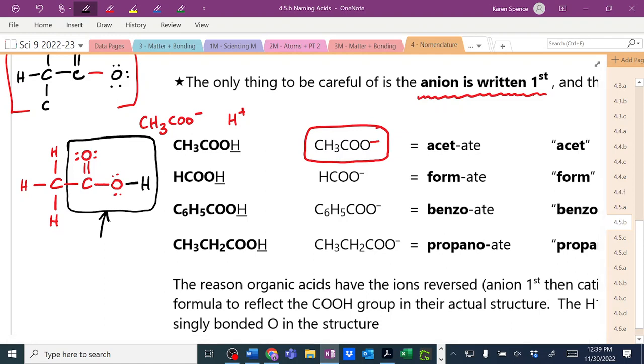So every time you hear an amino acid, you know it contains one of these organic acids. It also contains an amine group, which we might learn about a little bit later. So this group here is what makes it acidic. We usually write functional groups on the ends of our carbon chains. And so that's why it goes on the end.